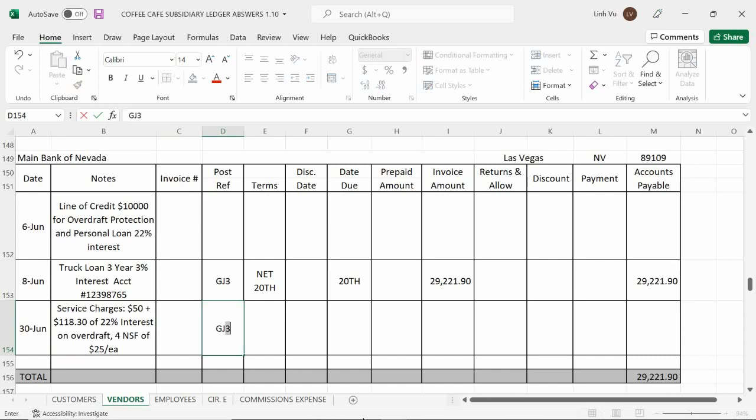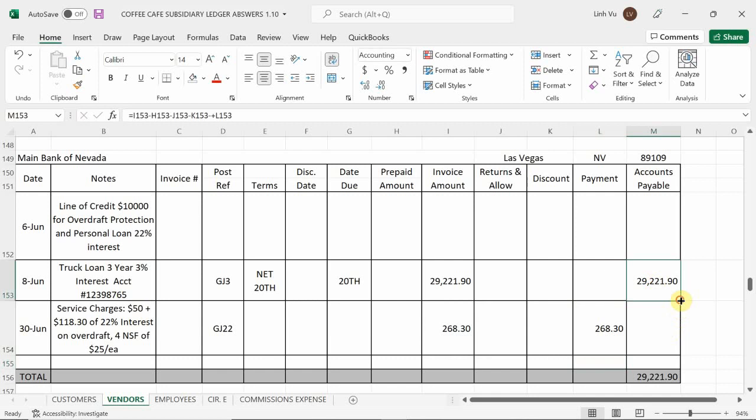So general journal number 22, no due dates here, but you are charged a total of $268.30, which again was already taken out from your checking account, so you don't really owe it. You just want to make a note that this is what you got. You got subjected to that 22% interest.